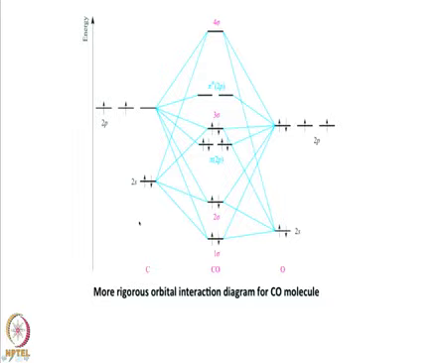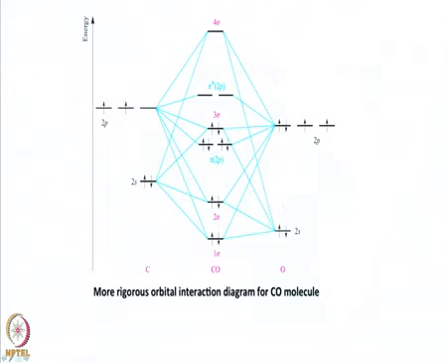If you are considering a homodiatomic molecule, it should not be a problem, both have the same energy, but if you are considering a molecule like CO, NO and others, due to the difference in electronegativity, those which have higher electronegativity should have lower energy. So, here this 2s orbital is much lower in energy, and similarly these 2p orbitals are much lower in energy compared to the 2p orbitals of carbon.